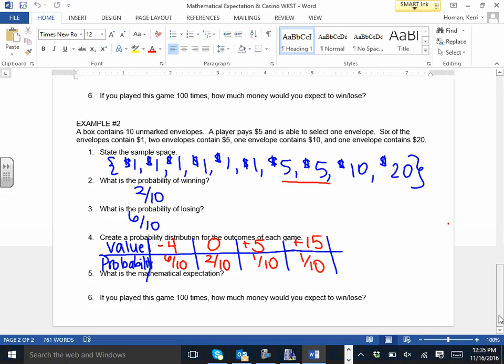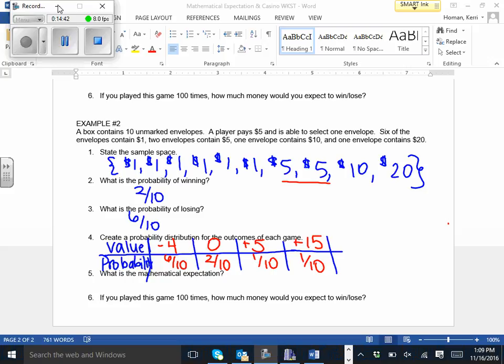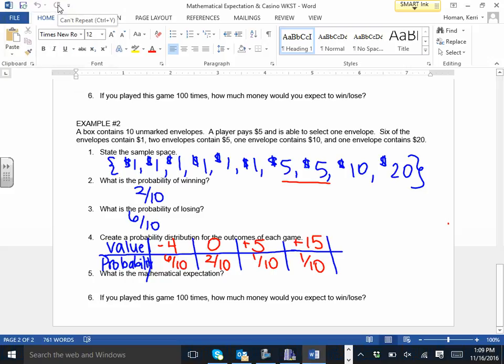Okay. After lunch, we will discuss the mathematical expectation. So the mathematical expectation for the player: we are going to take each probability and multiply it by its corresponding value. So -4 times 6/10, that's the probability it goes, plus 0 times 2/10.